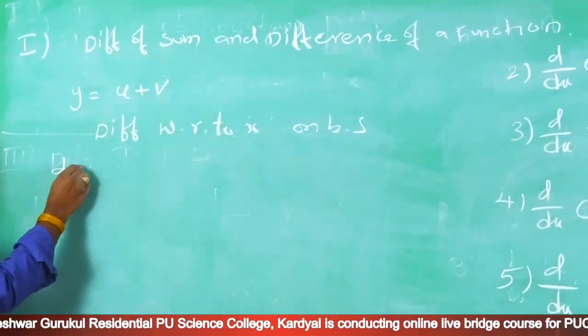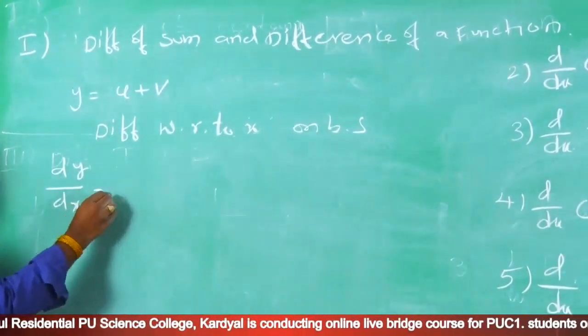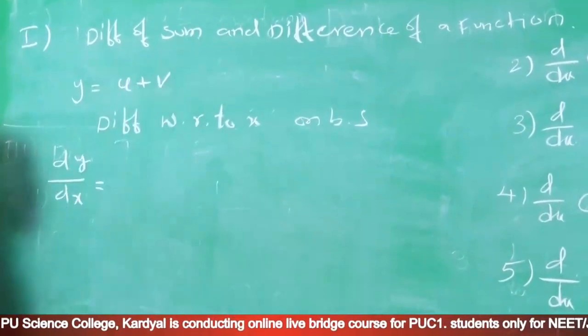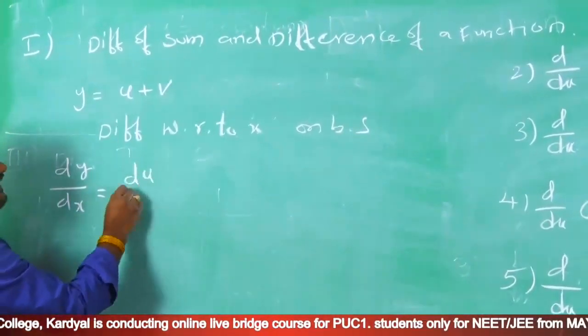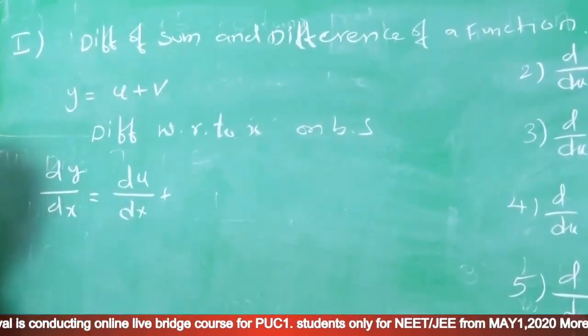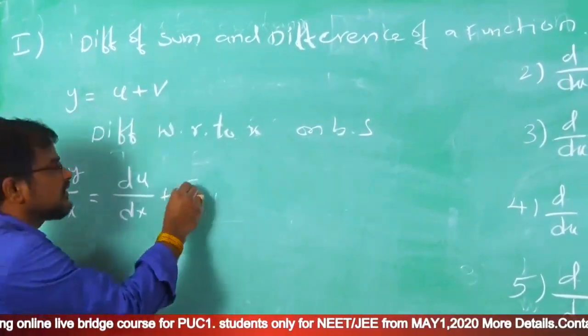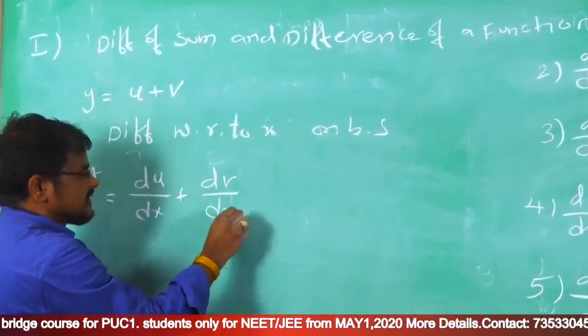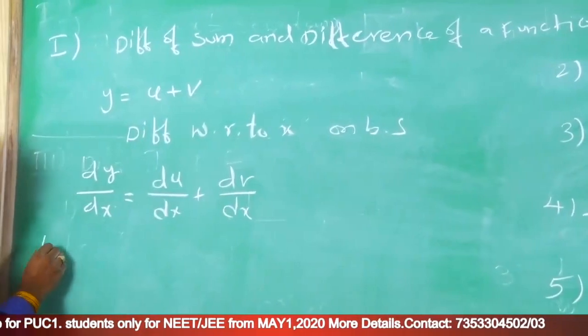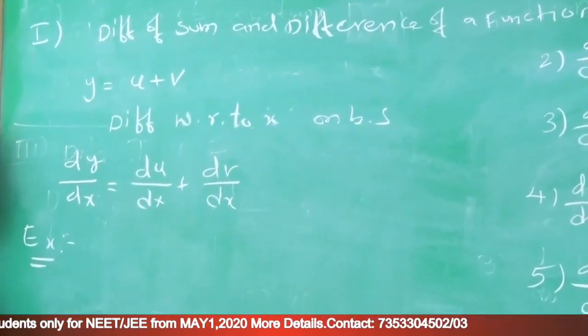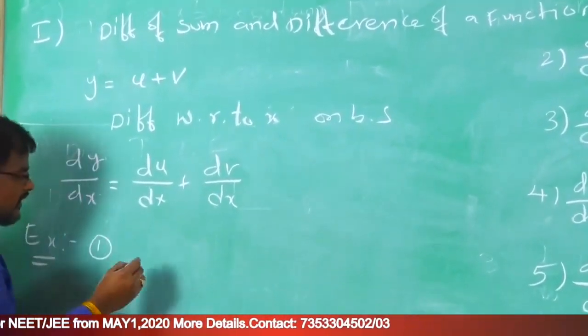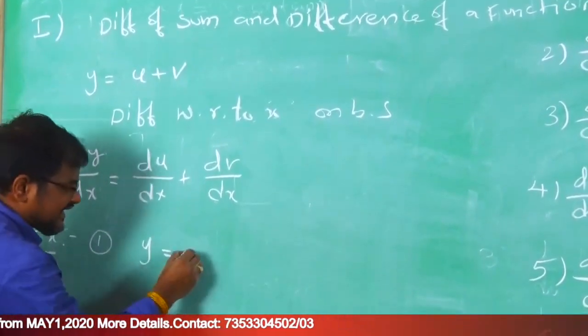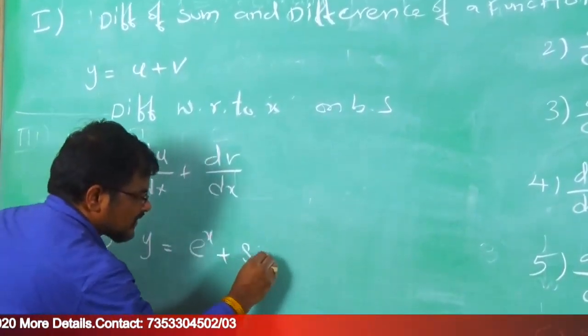So dy by dx equal to, differentiating this with respect to x, is du by dx plus differentiation of this one is dv by dx. Suppose we take one small example. The first one is y equal to e power x plus sin x.